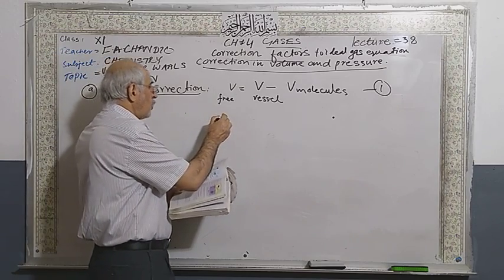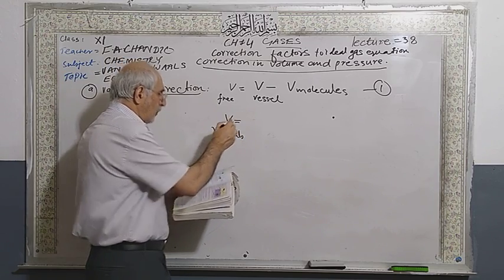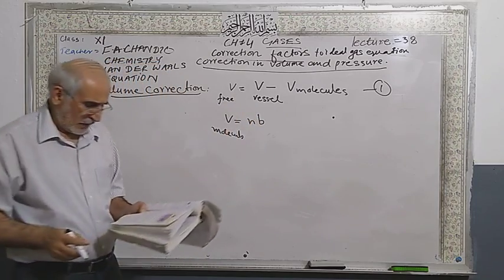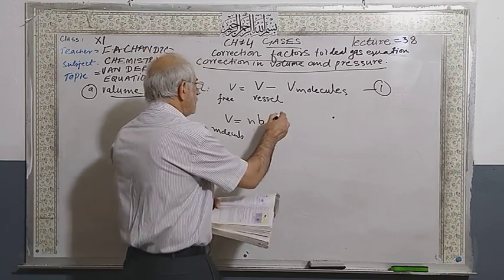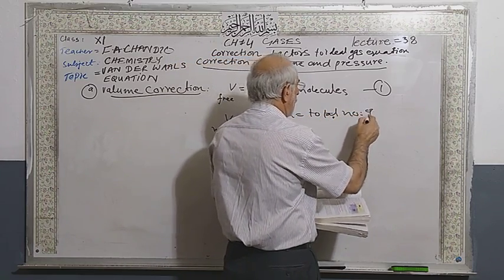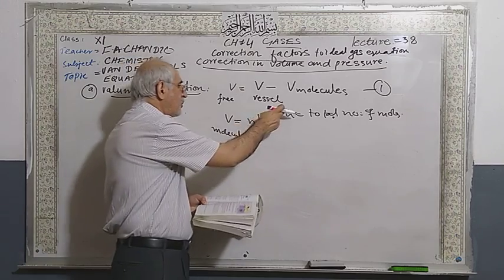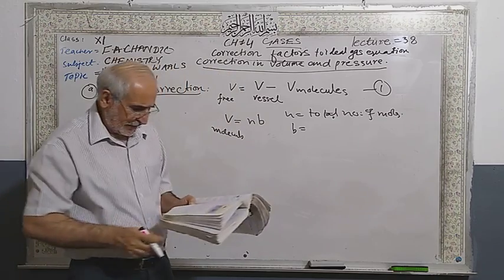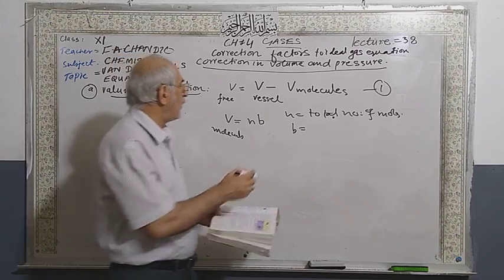The volume of the molecules may be written as nb, where n is the total number of moles and b is the constant, the individual volume of 1 mole of the gas.